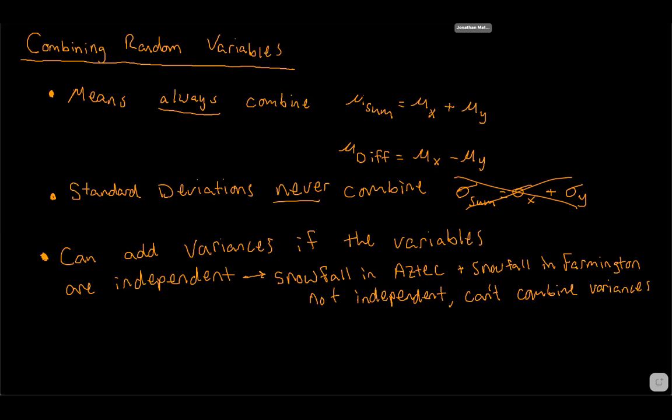So we can come up with an example real quick of something that would work. Two variables that are independent. What are some independent variables? Just going back to something I already mentioned, a mile race.